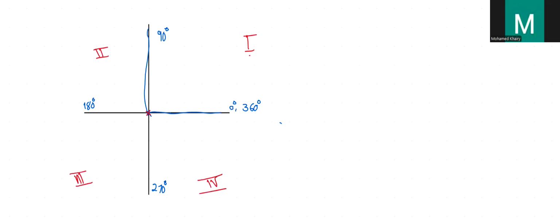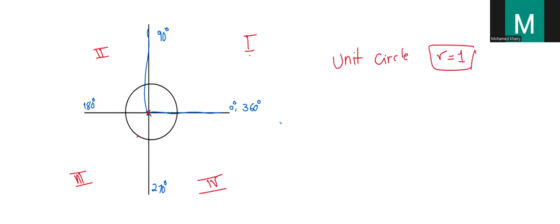If we draw a unit circle, what's the meaning of unit circle? That means the length of the radius is only one unit. That means R here equals 1.